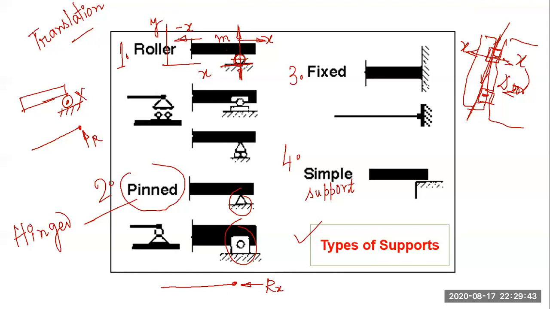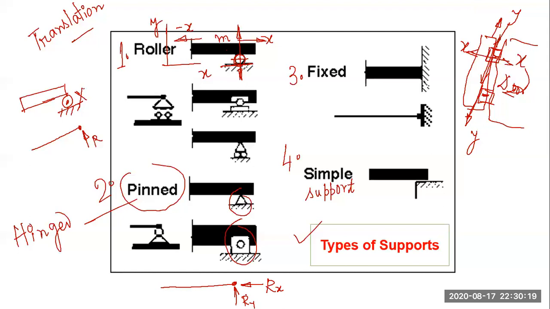Similarly, the y direction motion is also restricted because due to the hinge or the pin, the door or the window cannot move along plus y or minus y direction. That's why you are to show the reaction along y direction. Now either you can show the reaction Ry in the upward direction, or in the downward direction. It is on your wish.